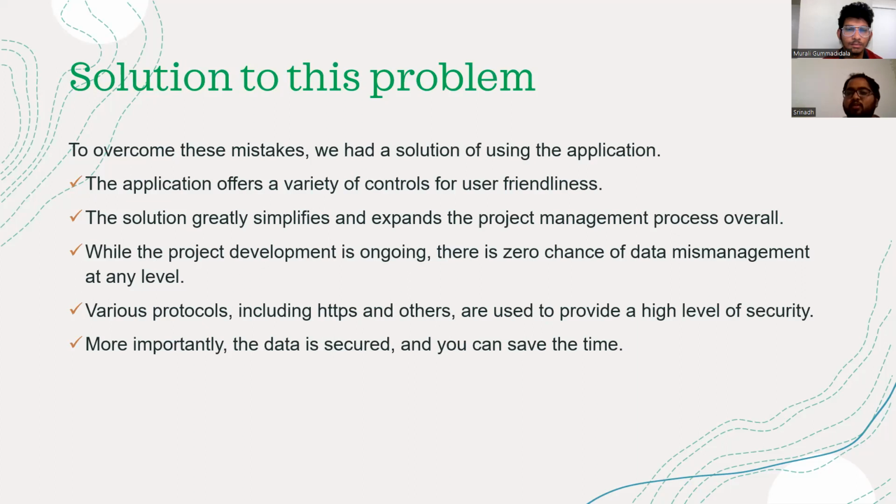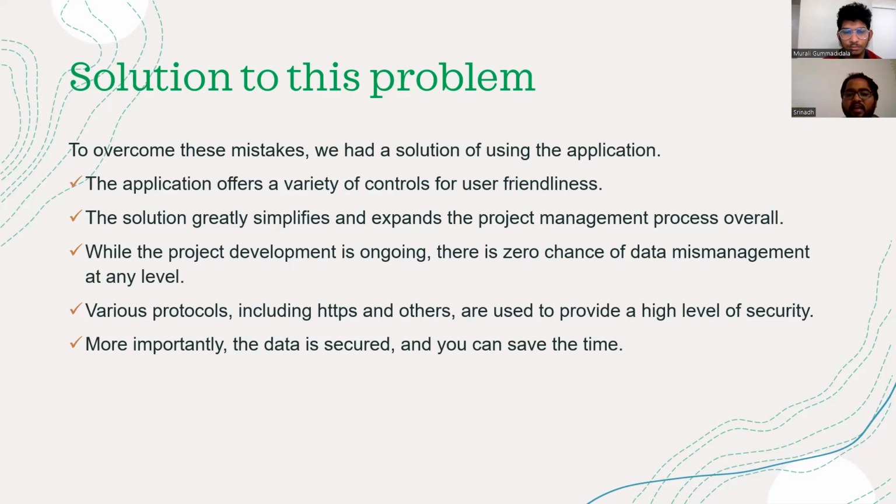We have a solution for these problems. To overcome these mistakes, we have a good number of solutions in the application. It offers a variety of controls for user-friendly solutions. This greatly simplifies the project's database management process and system. While the project development is ongoing, there is zero chance of data mismatching at any level.